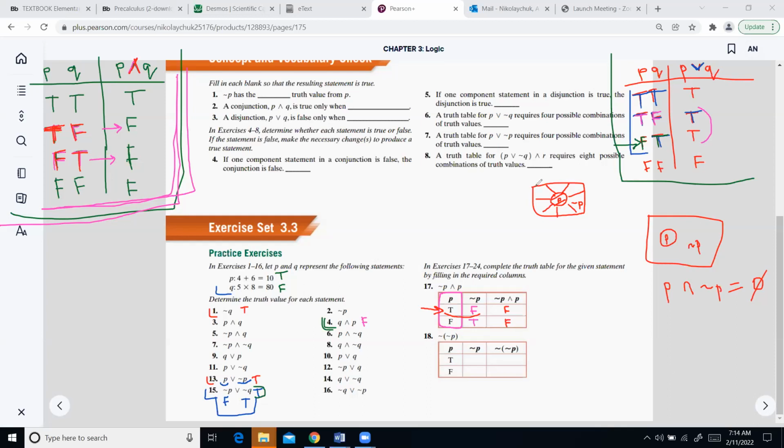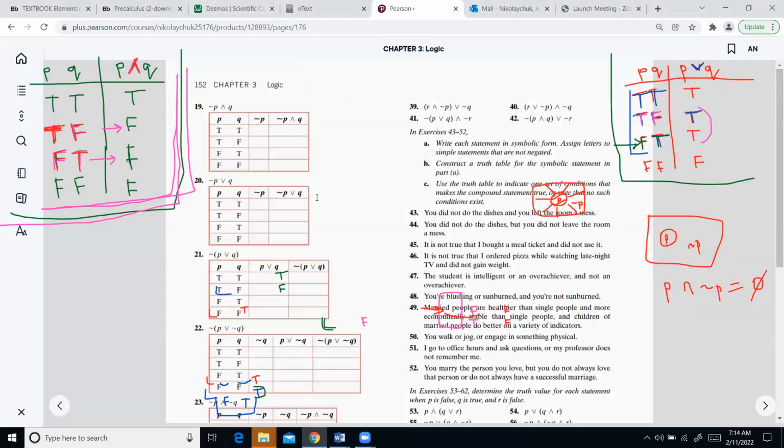And that's interesting. So let me go to the next page and do some more of these little table exercises so we can get used to utilizing these definitions of and, or. So I'm going to look at exercise number 19. And for that exercise, it looks like the first column that I need to fill is going to be not P. Not P means that we need to negate everything that used to be on those positions.